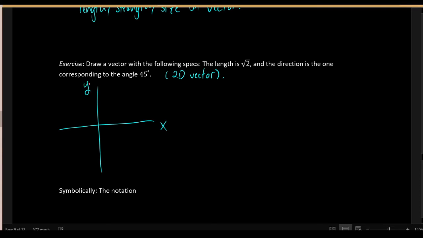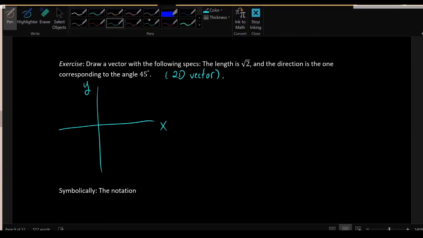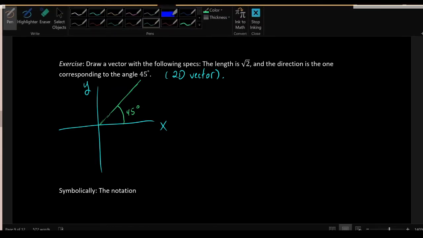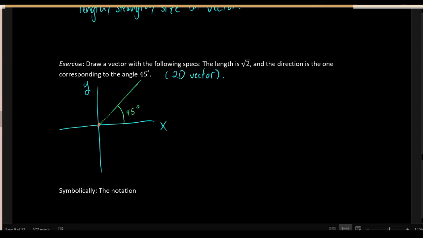So a 45-degree angle, measured according to mathematical convention, is measured from the positive x-axis counterclockwise. So the arrow that I'm going to draw is going to be somewhere along this ray. I want to draw an arrow which is precisely square root of 2 units.